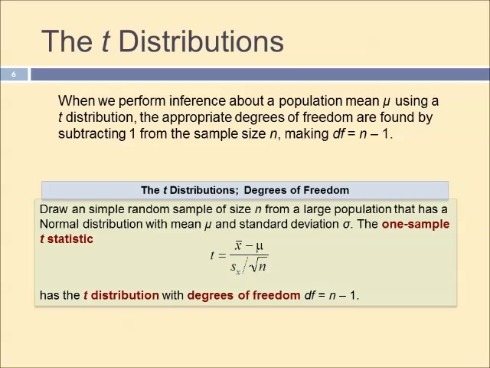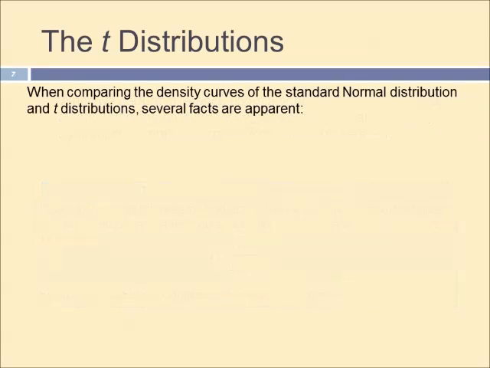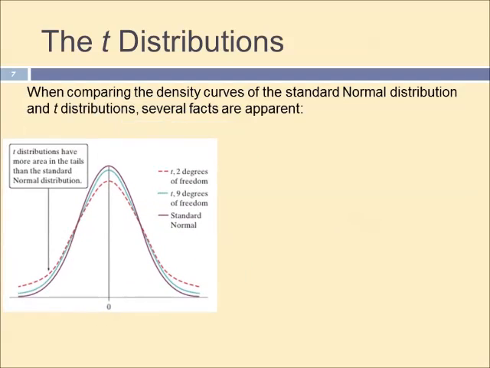So if we draw a simple random sample of size n from a large population that has a normal distribution with a mean mu and standard deviation sigma, the one sample t statistic given by the formula does have this t-distribution with degrees of freedom n minus 1. So let's take a look at comparing some of the density curves of the t-distribution.